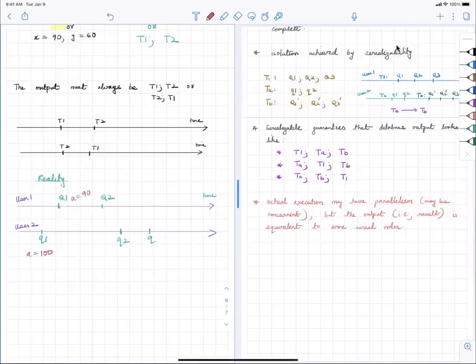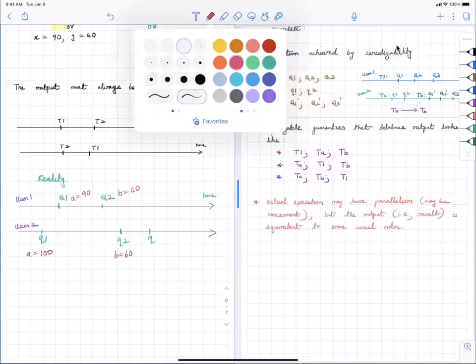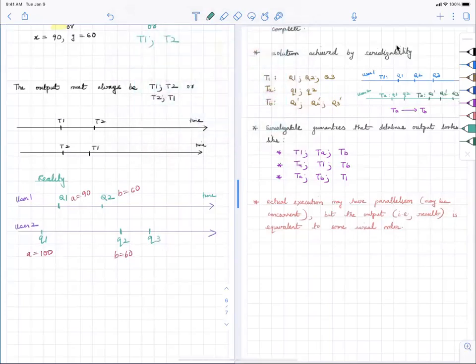Now at Q2, B becomes 60. So in reality out here, B is equal to 60 because this is happening after. And so when you do Q3 out here, it's going to be printing out A is equal to 100 and B is equal to 60, which is incorrect. So the reality may be like this.